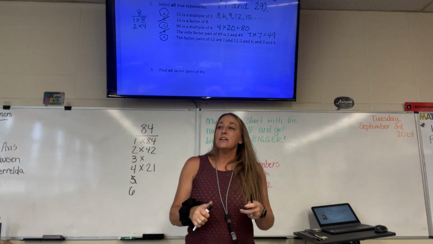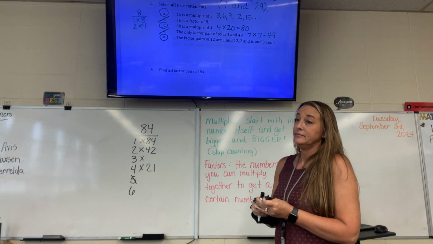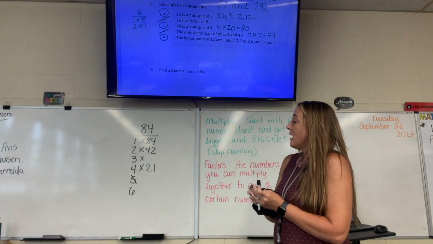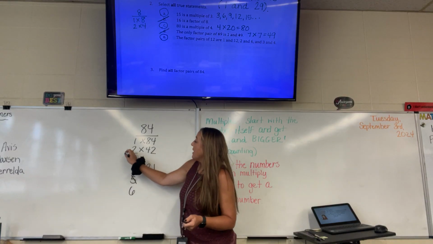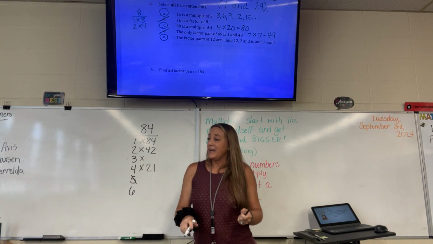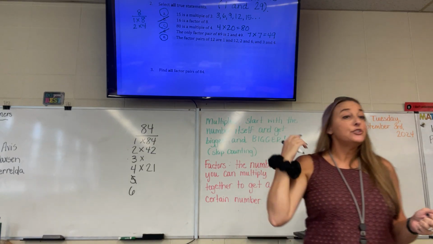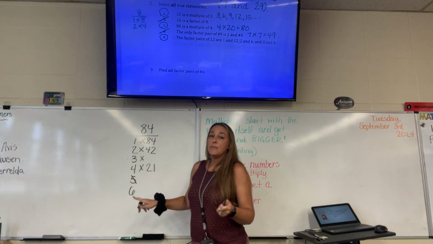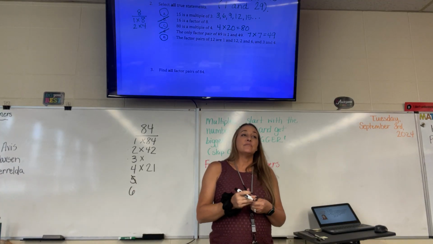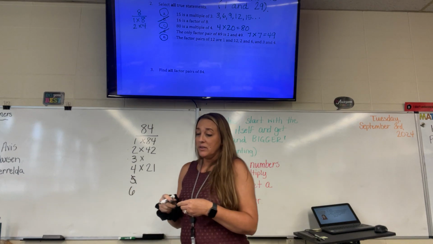Something to know for later is if you have a number that has a factor of 2 and a factor of 3, you automatically have a factor of 6. And you guys have on your multiplication table this one.